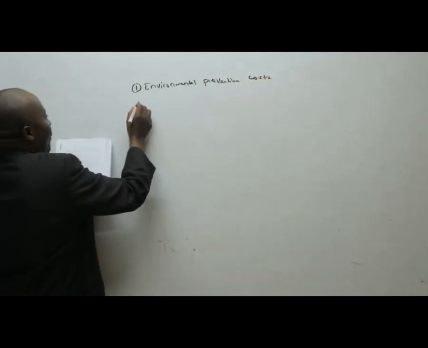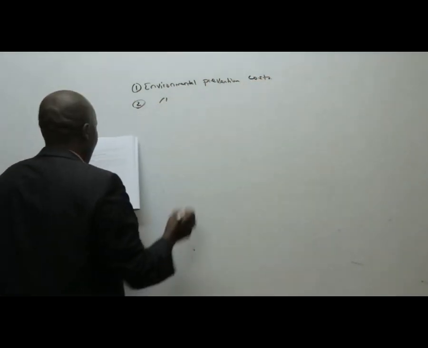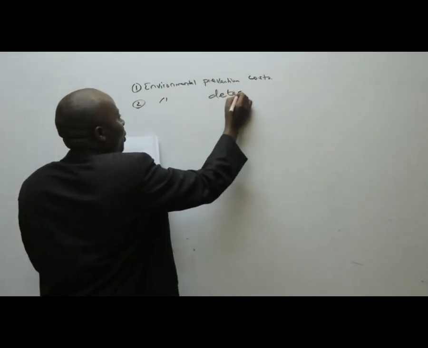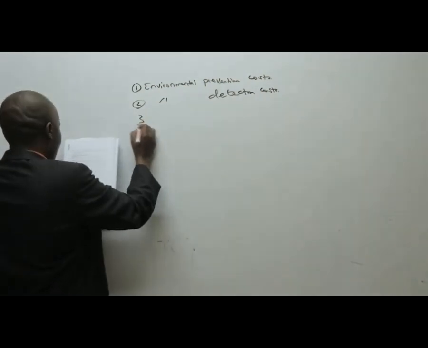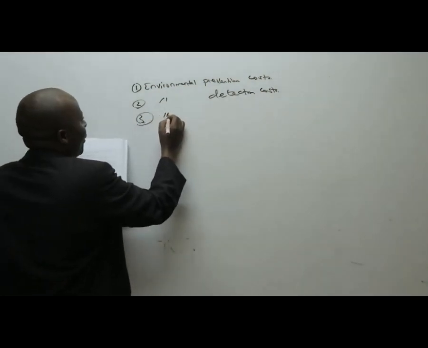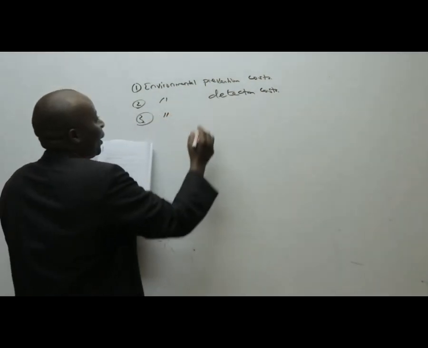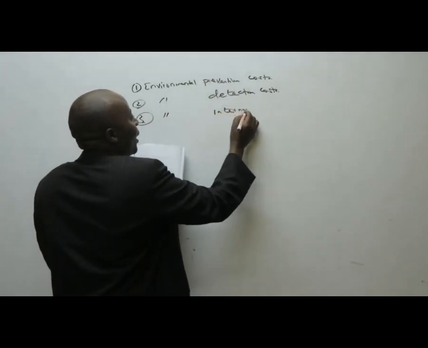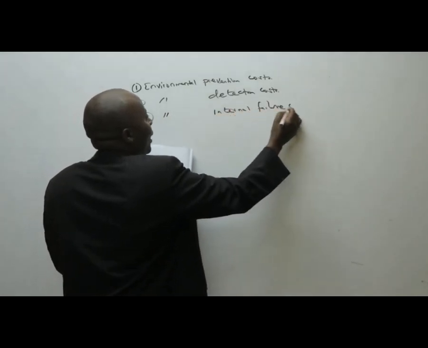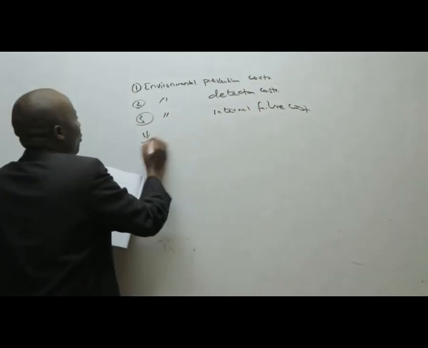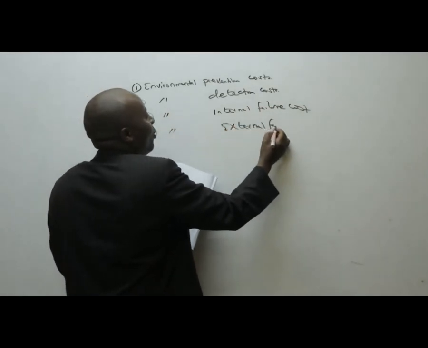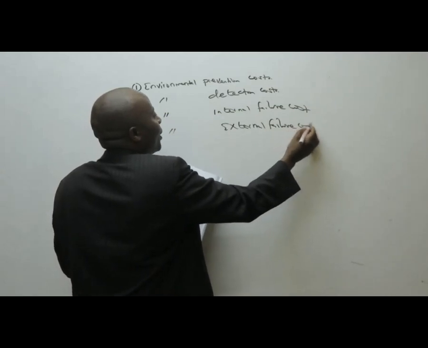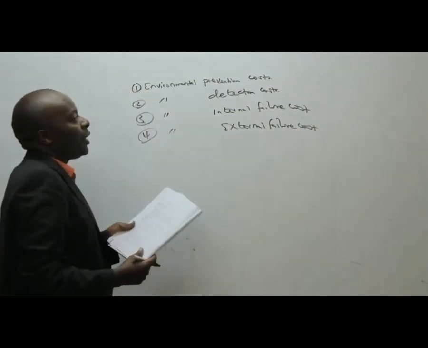Number 2, we have environmental detection costs. Number 3, we have the environmental internal failure costs. Number 4, we have environmental external failure costs. So we must give a report on each of these.